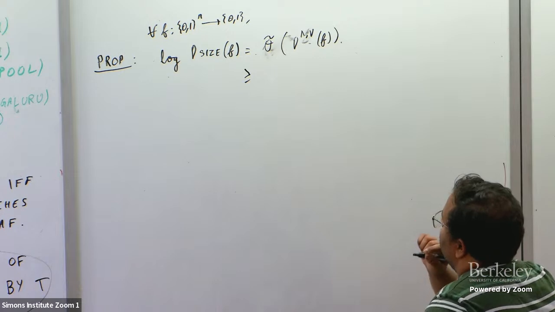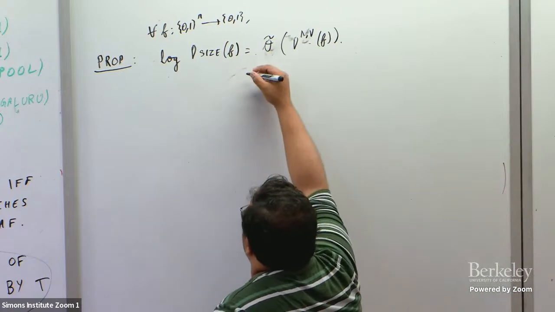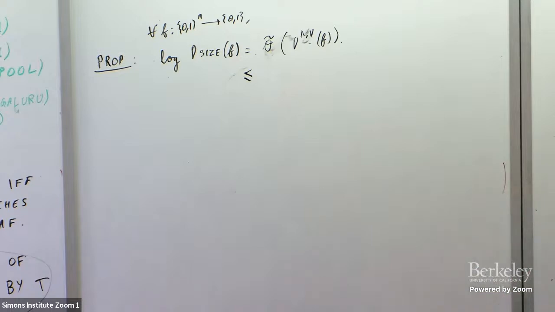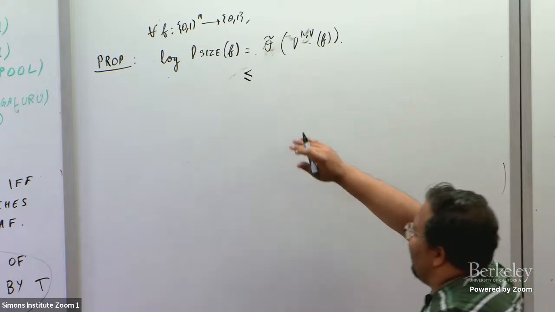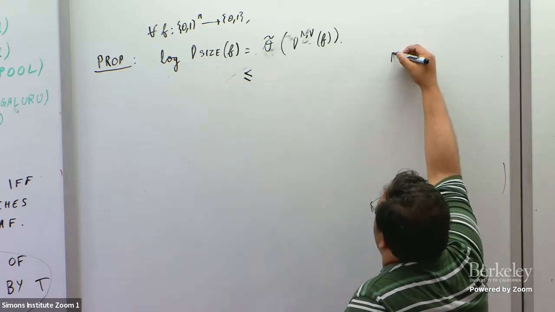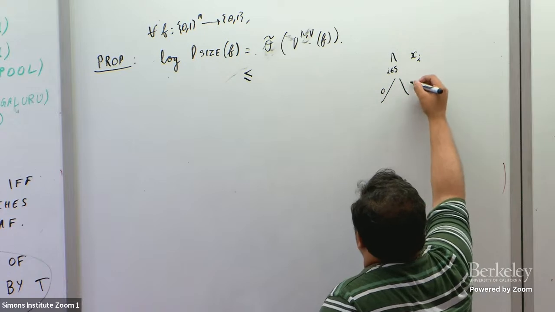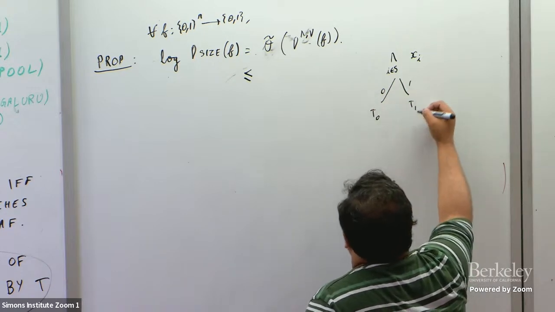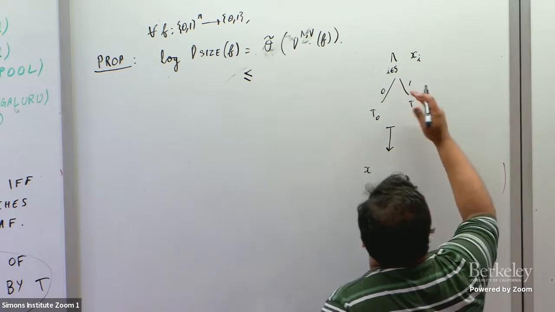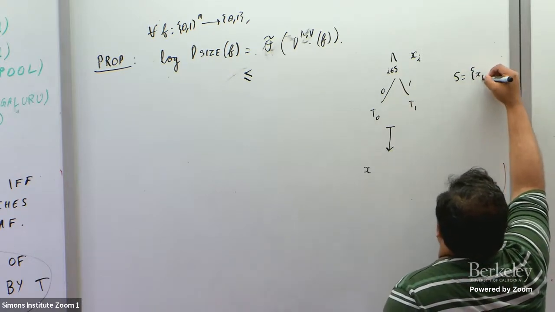So if you want to show that, let's start with the other direction because it's easier perhaps. So given an AND-OR decision tree, what you can do is you can just simply expand out all ANDs and ORs by just regular variables. So for example, if you have a node that queries S, and let's say you have T0 and T1, this you can simply map to a chain of variable queries. So let's say S is x1, x2, x3 for now.